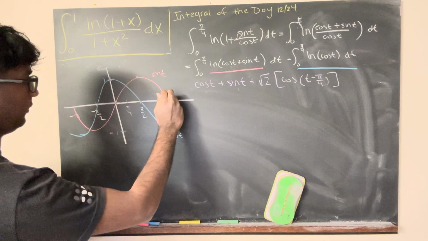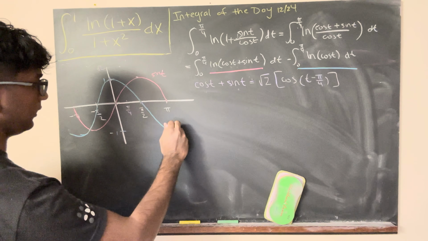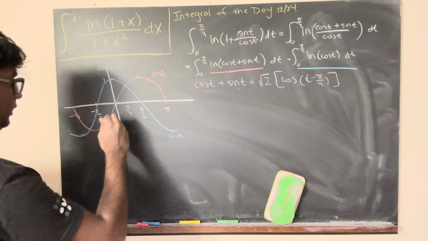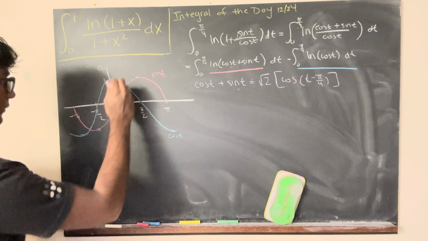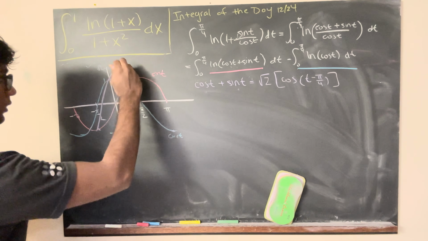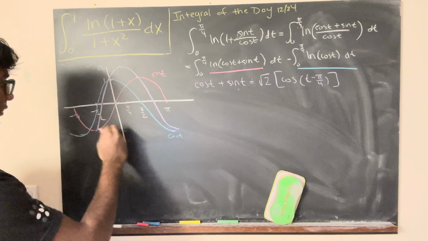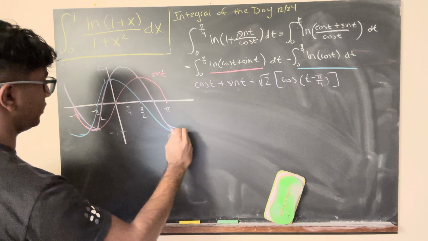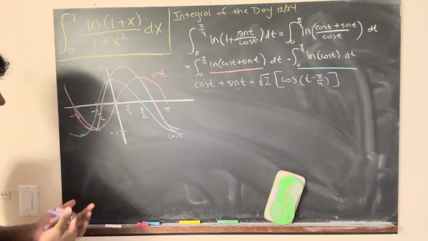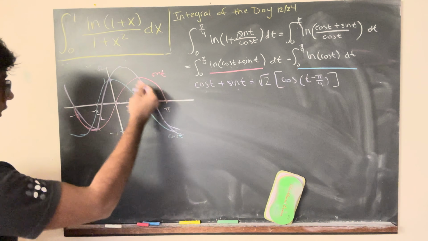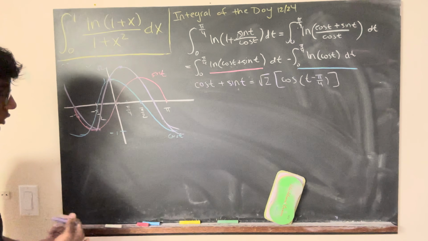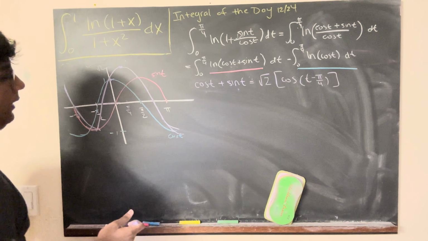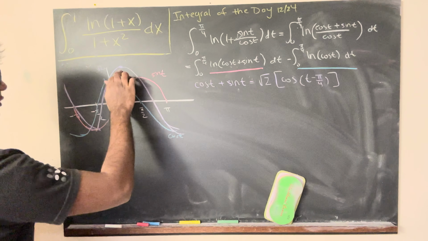So we have a sinusoidal function that resembles a cosine or sine curve. It should have a period of 2 pi because these two have periods of 2 pi, and its amplitude is root 2.